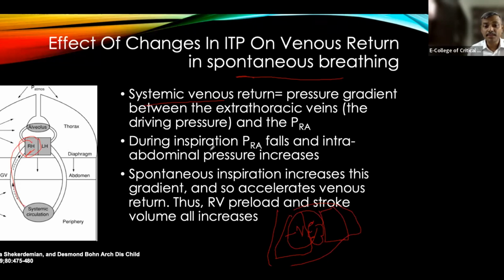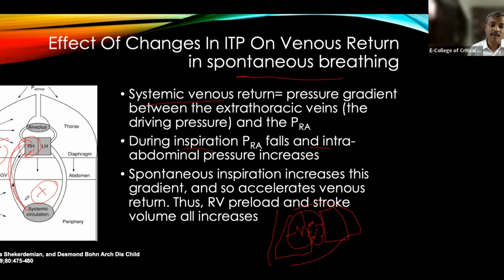During inspiration, right atrial pressure falls further because of the negative pressure, and intra-abdominal pressure increases. Can you see here? This becomes more and more positive. Intra-abdominal pressure becomes positive, and intrathoracic pressure becomes negative. Pressure moves from higher to lower pressure, towards the right atrium.